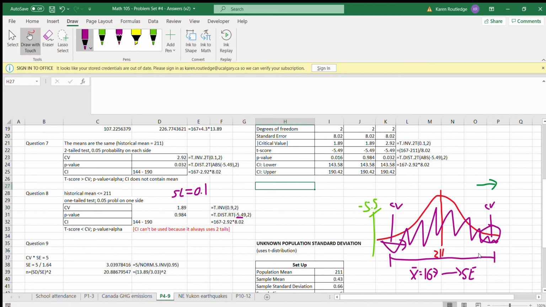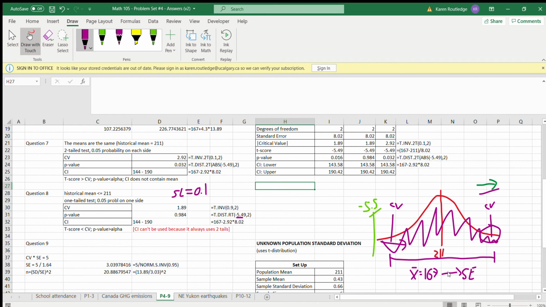However, as we can see here, the confidence interval is always based on a two-sided test. Our hypothesis test, the one that we did to reject or fail to reject the null hypothesis, is a one-sided test.